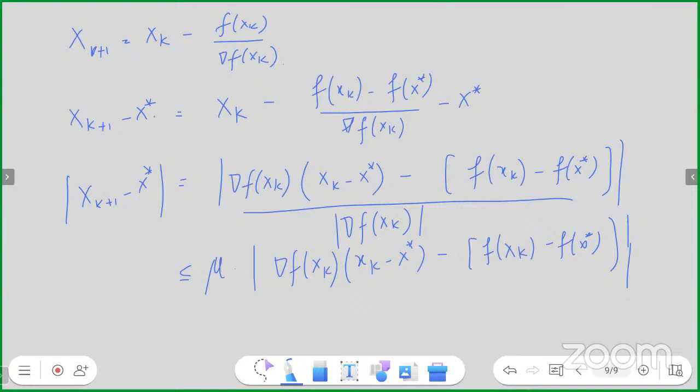So let me write. That is called the lemma, integral mean value theorem.